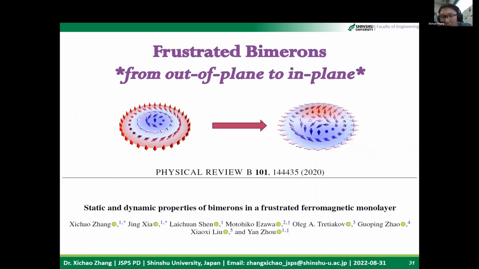Okay, so the second work I want to introduce in this talk is about the frustrated bimerons in 2-dimensional magnetic thin films. The bimerons are topological counterparts of skirmings, but they could have different dynamic behaviors.